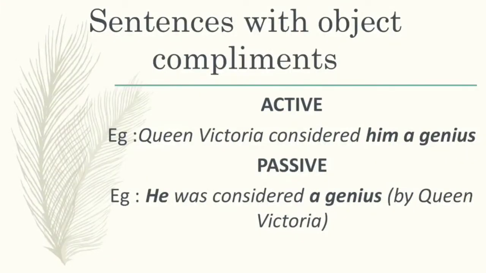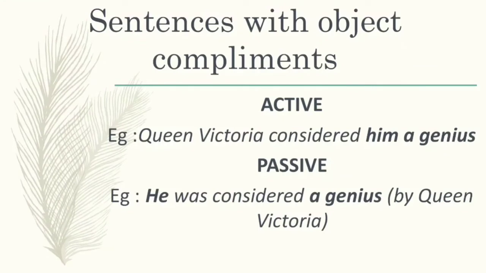Yes. Some sentences have object complements in them. And how can we make passive forms with such sentences? Look at the sentence here. Queen Victoria considered him a genius. Him a genius, that is object complement. After some verbs, the direct object can be followed by an object complement.